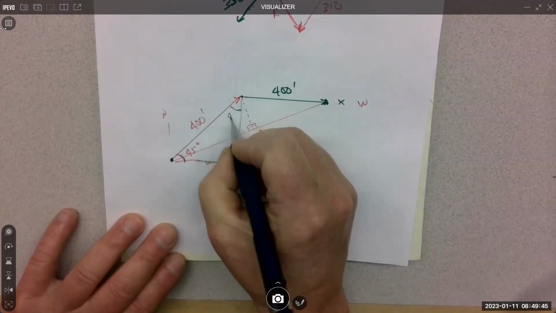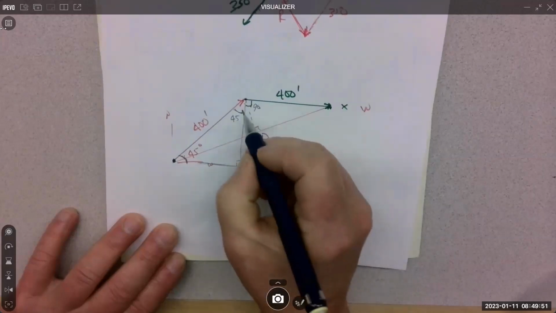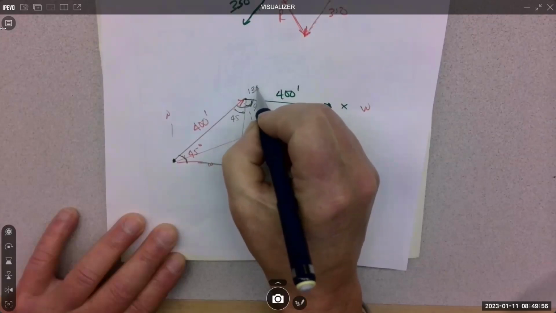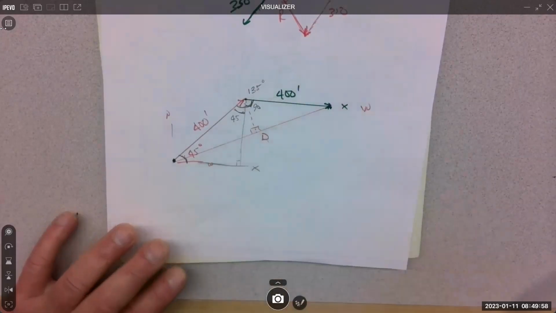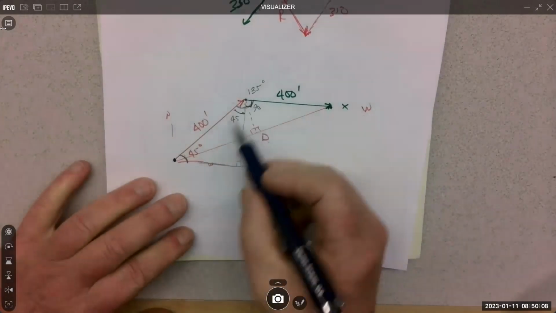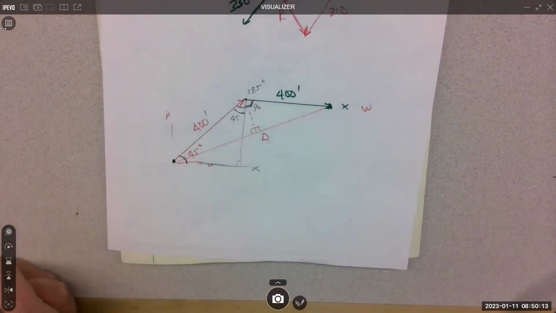45. And since I dropped a vertical, what's this angle? 90. So now I know that angle, 135. Yeah, so there's definitely some puzzling that goes on in these kinds of problems. We definitely had enough information. We had 400 feet there and there, so we should be able to figure this out. We just needed another interior angle.